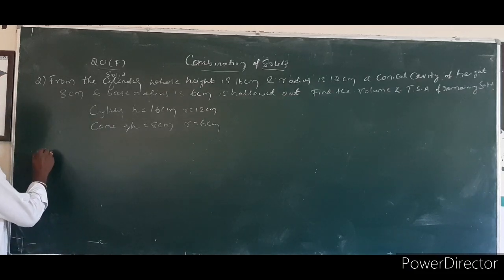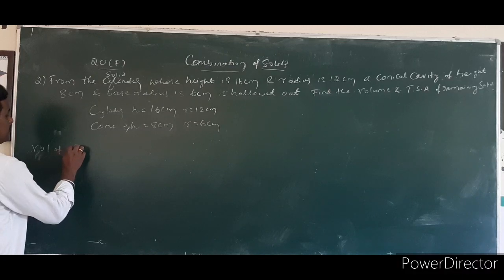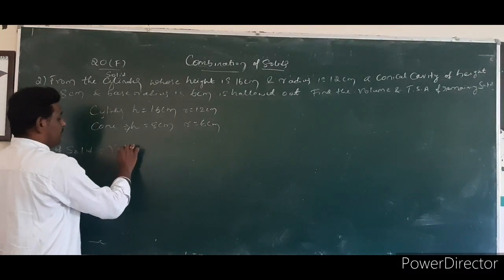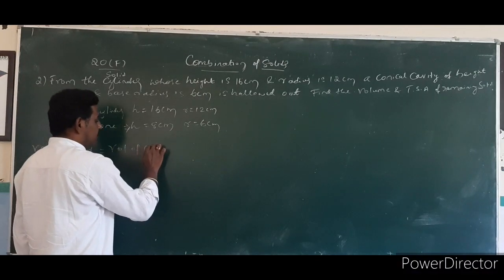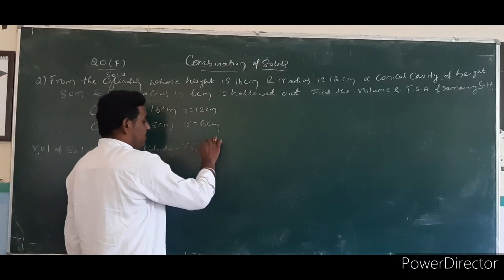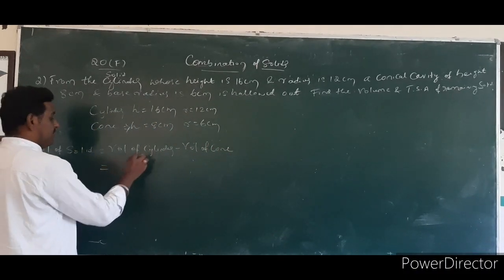So first we have to find the volume of solid, which is equal to volume of cylinder minus volume of cone. What is the volume of cylinder?